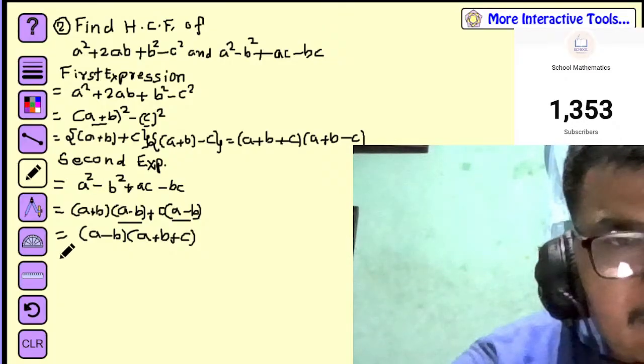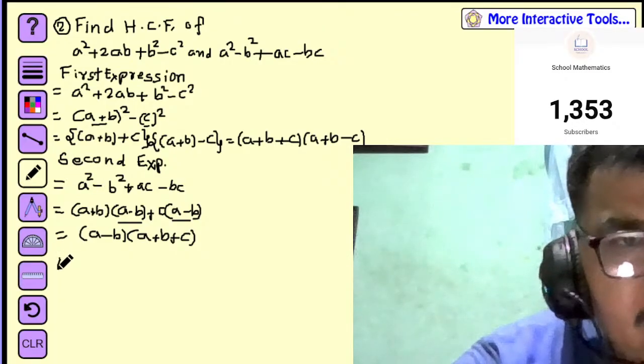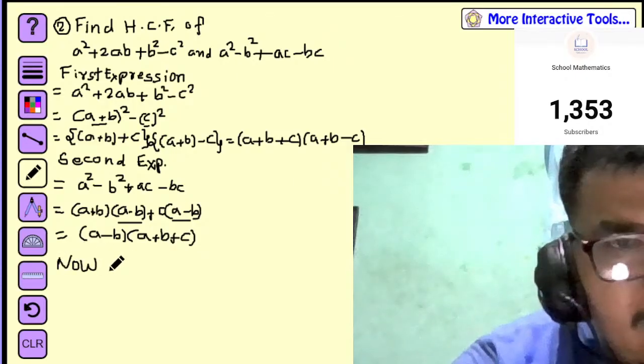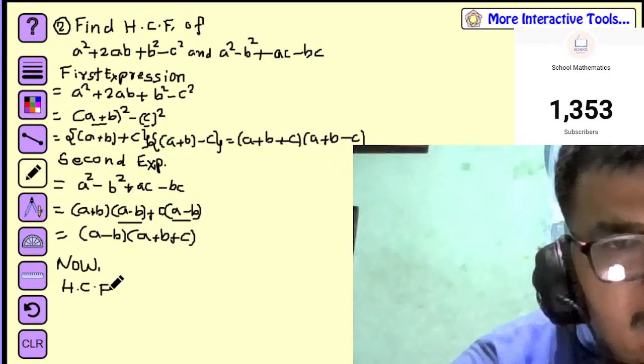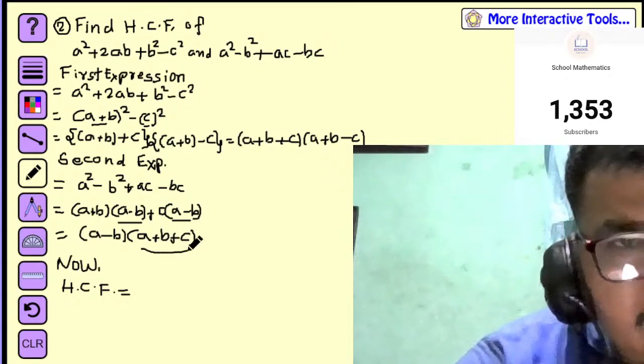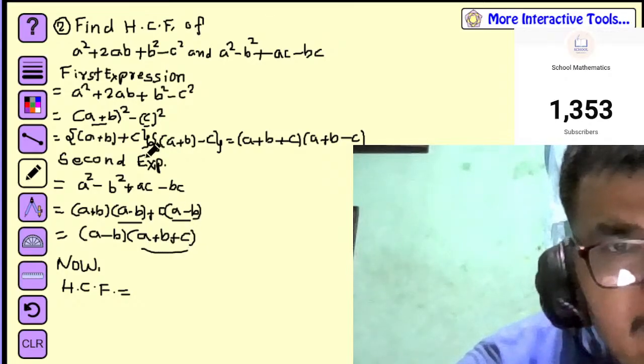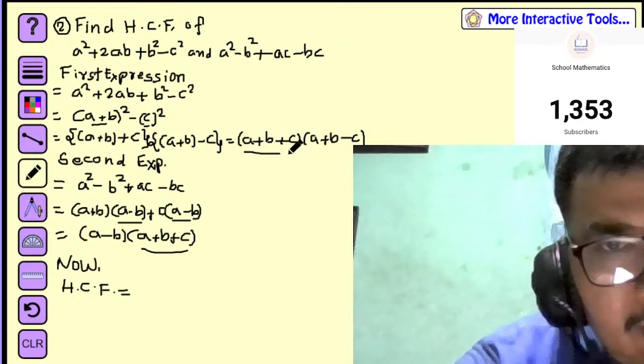Now let's see here for the HCF, okay. What you found here is the same factor: this a plus b plus c, and here is also a plus b plus c, okay.